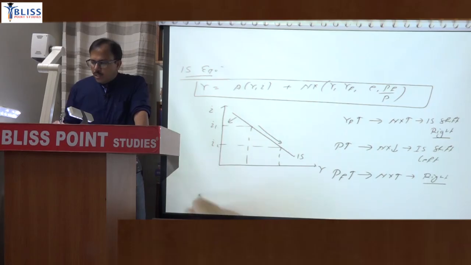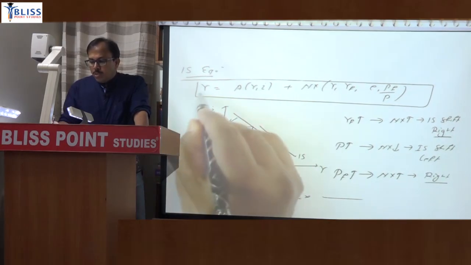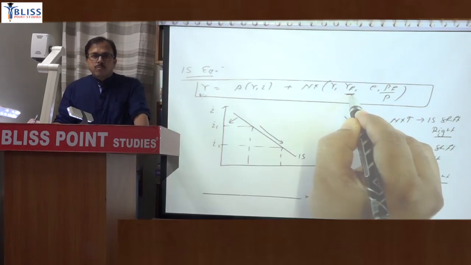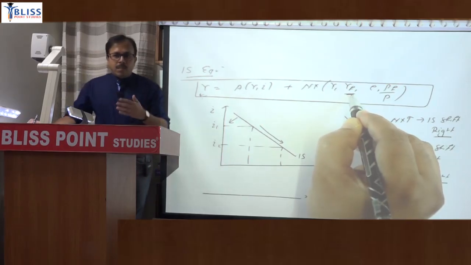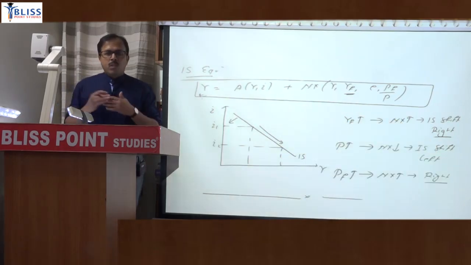Clear? So what is important in this equation is that domestic income is a function of foreign income also. That means income in India depends upon the income in foreign countries. In that way, we are talking about interlinkages. So there is a greater interlinkage in an open economy.